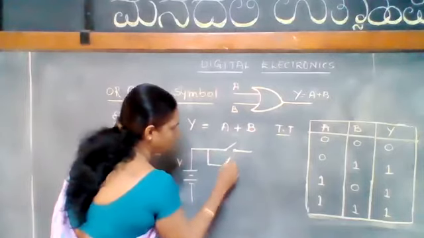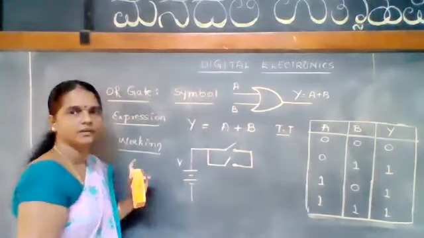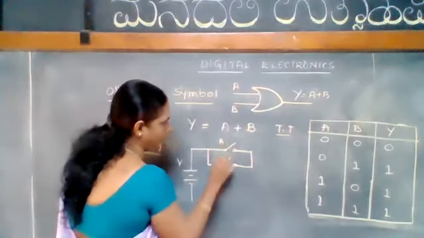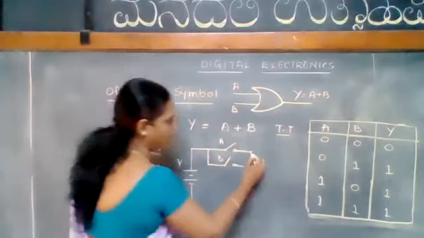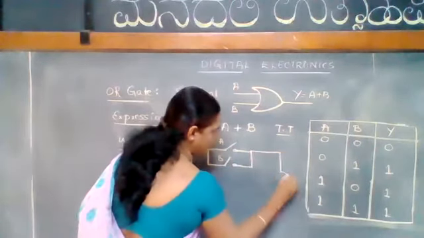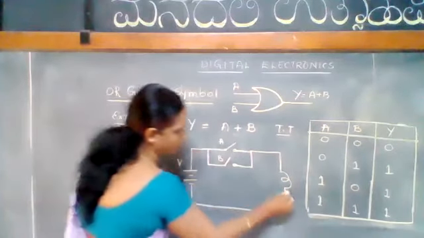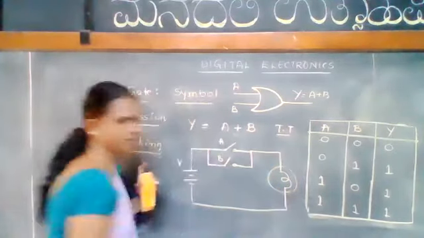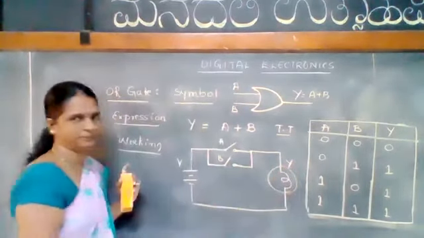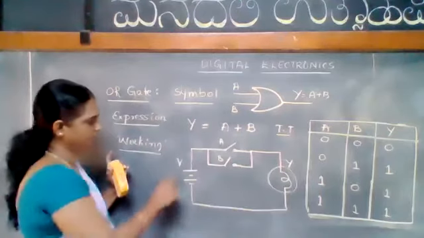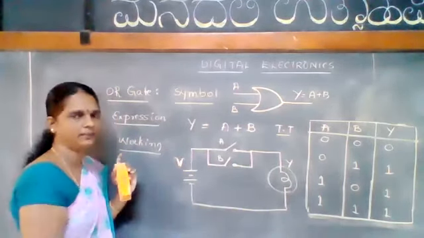The two switches, which represent our inputs A and B, are connected in parallel with one bulb or lamp, like this. Now call this lamp Y. This is the source V or E.